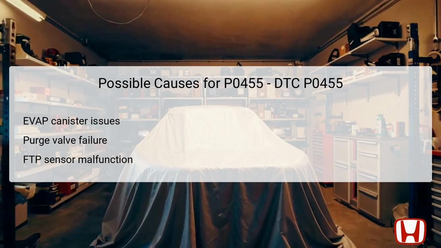Another possible cause is a defective FTP sensor that fails to provide accurate pressure readings to the PCM, thereby incorrectly identifying a leak. Other causes not mentioned explicitly, such as hoses and connection leaks, could also contribute to the same problem, highlighting the need for thorough inspection of the entire EVAP system.